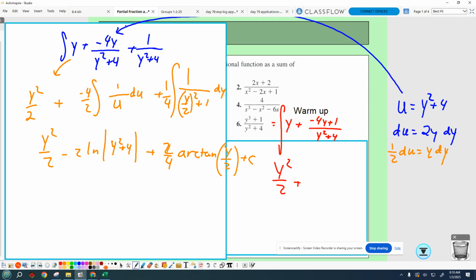I don't need the absolute value because it'll never be negative. Plus 1/2 arctan y over 2 plus c. Gross.